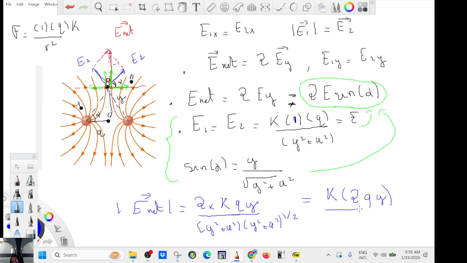Okay, make sure I don't forget anything. How much is 1/2 plus 1? 3/2. So that will be the electric field at a point P on the bisector.